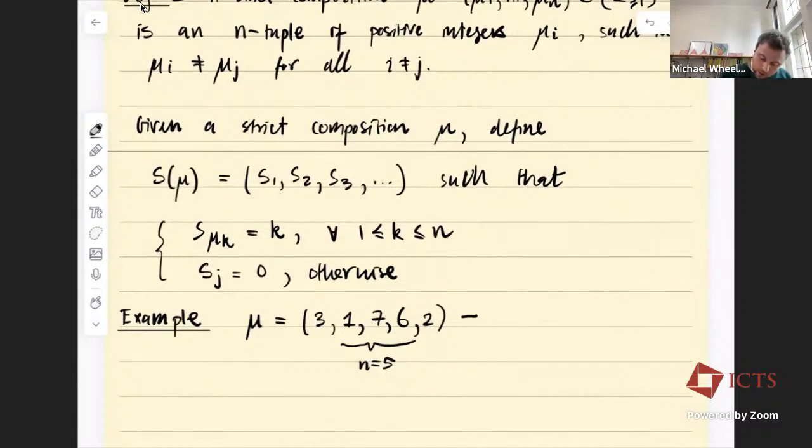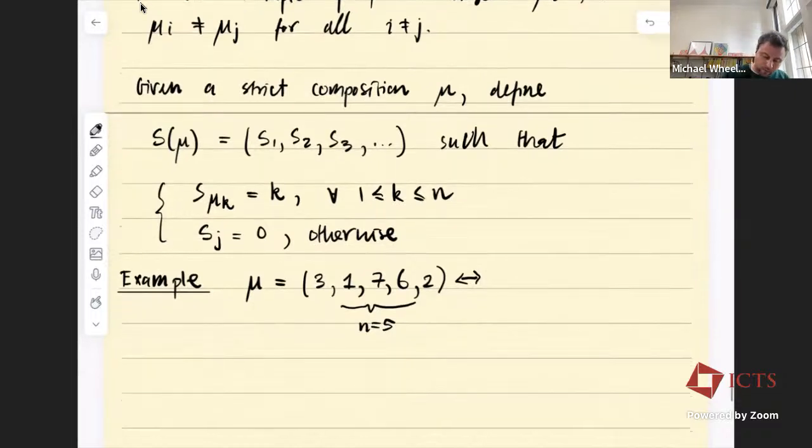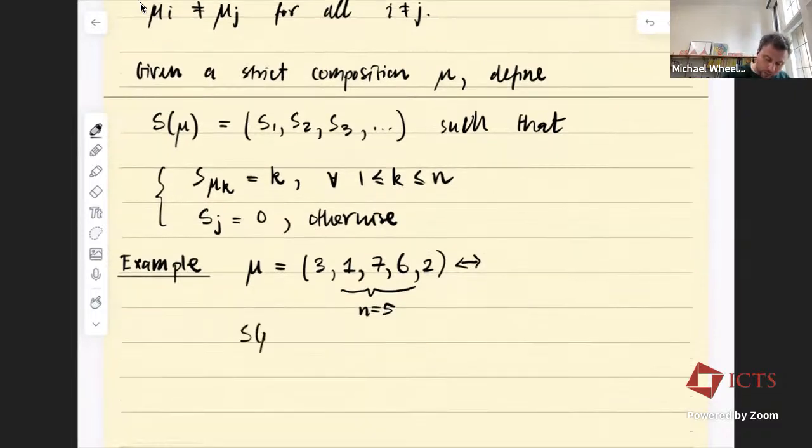And in this case, the corresponding string S of mu will be 2, 5, 1, 0, 0, 4, 3, and then trailing off in an infinite string of zeros.